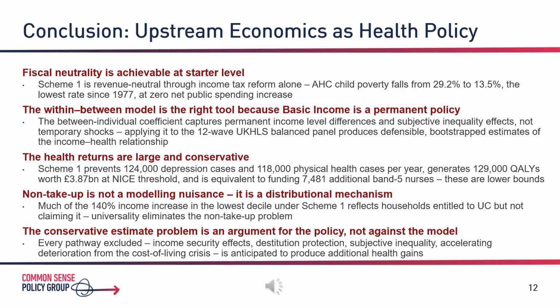The third thread is the scale of the health returns. The Scheme 1 numbers deserve emphasis. 124,000 depression cases prevented per year, 118,000 significant physical health problems prevented, 129,000 QALYs generated, £3.87 billion of QALY value at the NICE threshold of £30,000 per QALY, £126 million in NHS and personal social services savings, and the equivalent of 7,481 additional Band 5 nurses funded annually, all from a scheme costing nothing in net public spending.